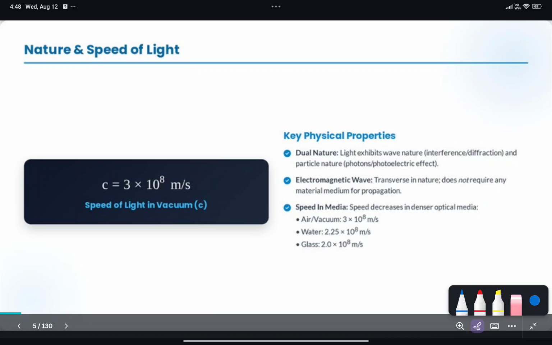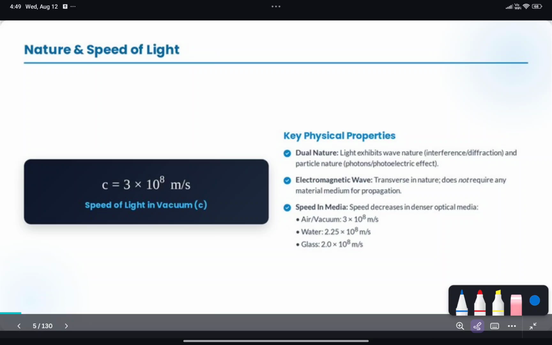Clear? Light exhibits wave nature phenomena, interference and diffraction. Particle nature, photons and photoelectric effect. What is meant by electromagnetic waves? Simply, transverse in nature. The electromagnetic waves are transverse in nature. They do not require any material medium for propagation.